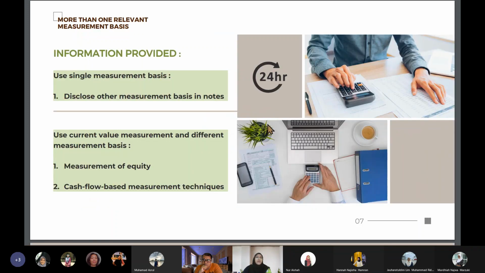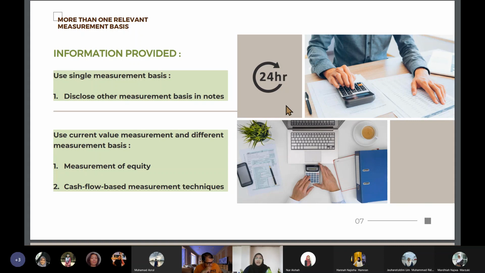So what if we have more than one relevant measurement basis? We need to obtain the information provided using a single measurement basis, where we will disclose the other measurement bases in the notes to the financial statements.